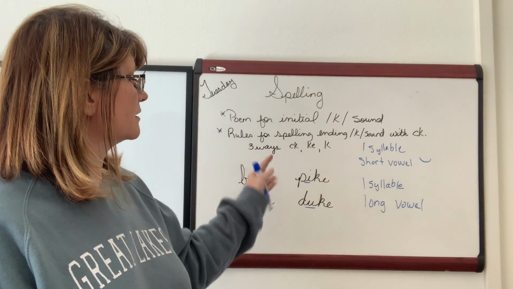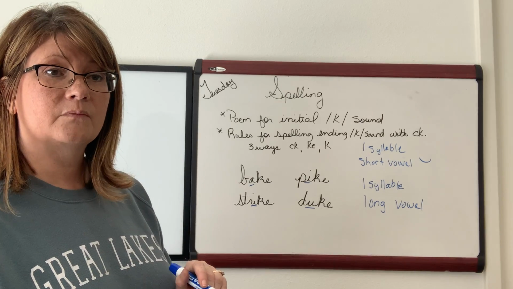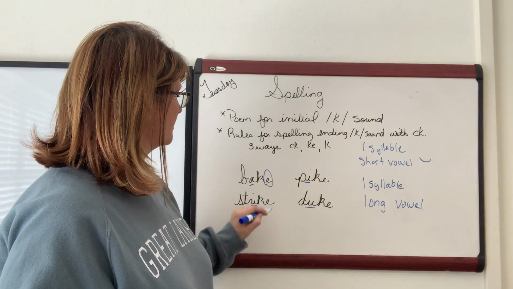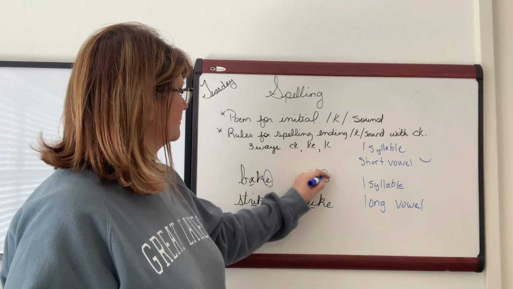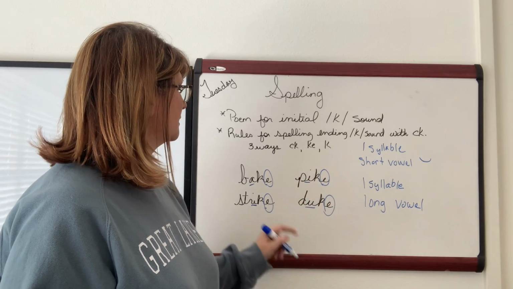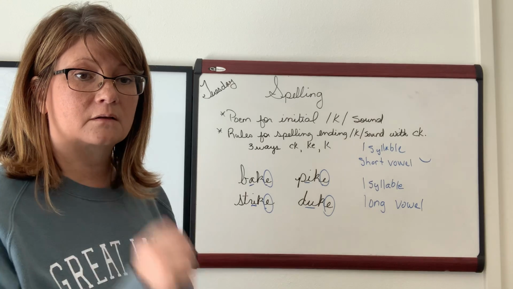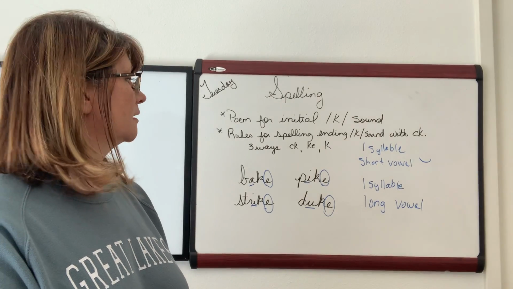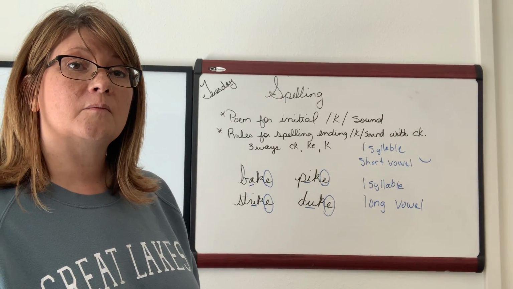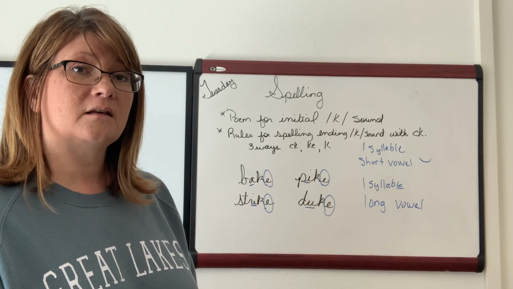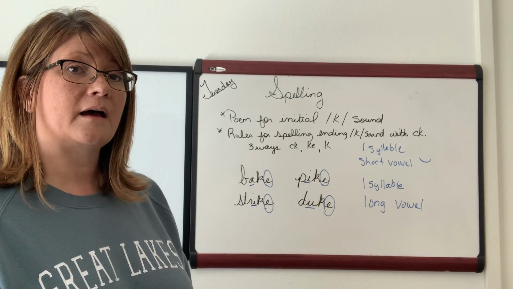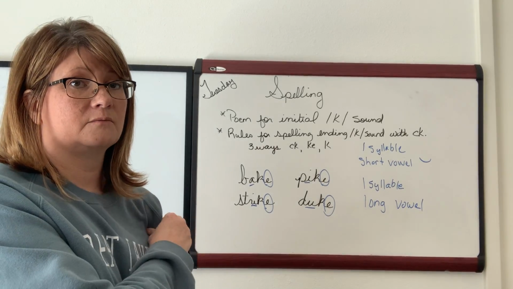All right, why are they making the long sound? What do they all end with? That is the job of E, that's job one, right? To make the vowel say its long sound. So when we want the word with the k at the end to use a long vowel, we're going to use K-E to end it, all right?